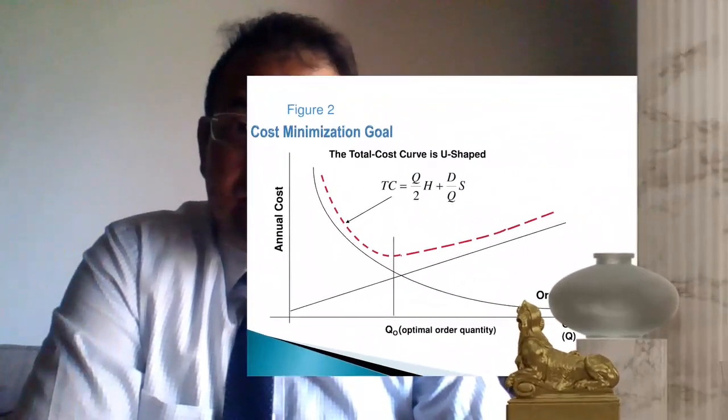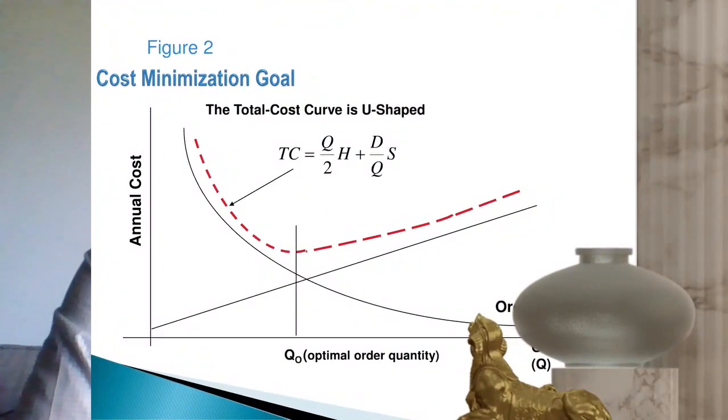So what is the behavior of the inventory cost? You can see it here. On this side is the quantity and on this side is the cost. There are two curves. This is the first curve.